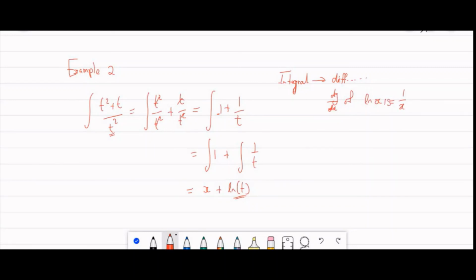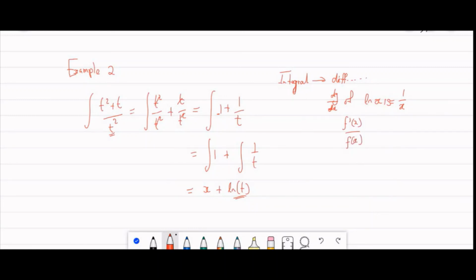The reason is that, in order for us to have ln, we need f prime(x) over f(x).